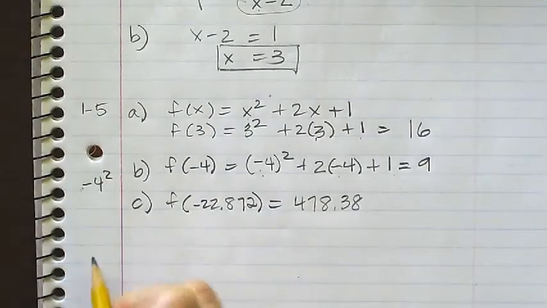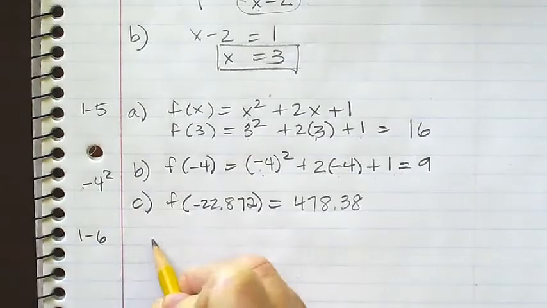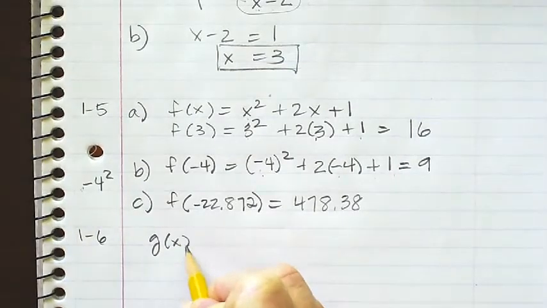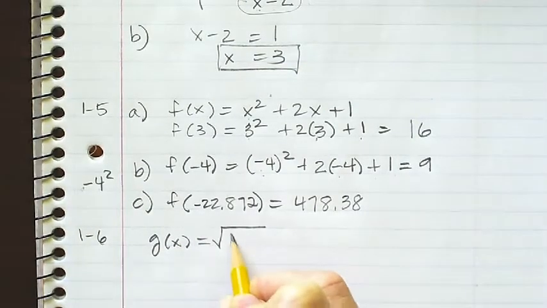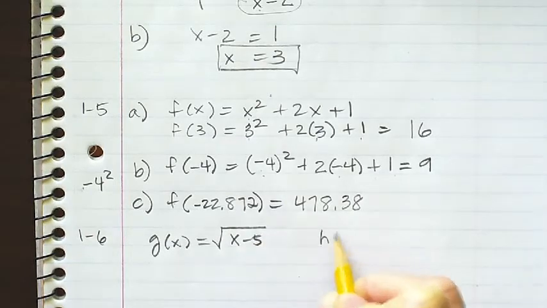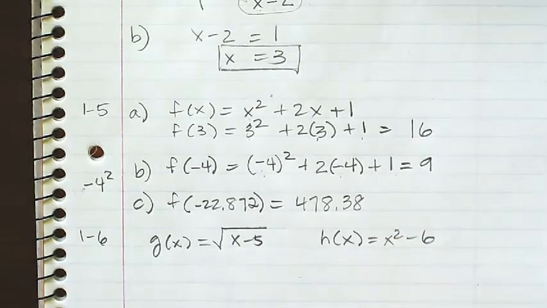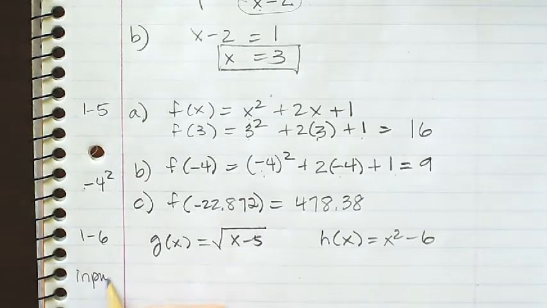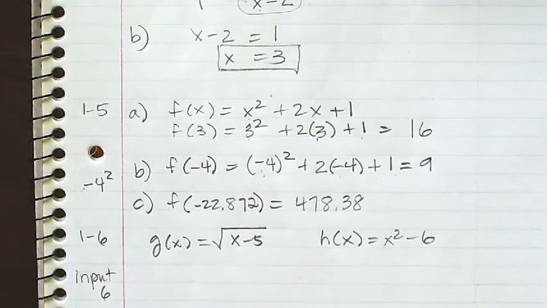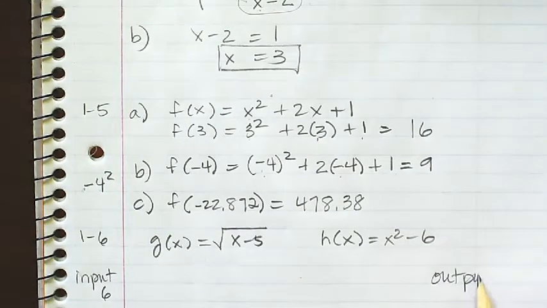Okay, so we've got these two functions. And her input is 6. What order are we going to put these in so that our output is 5?